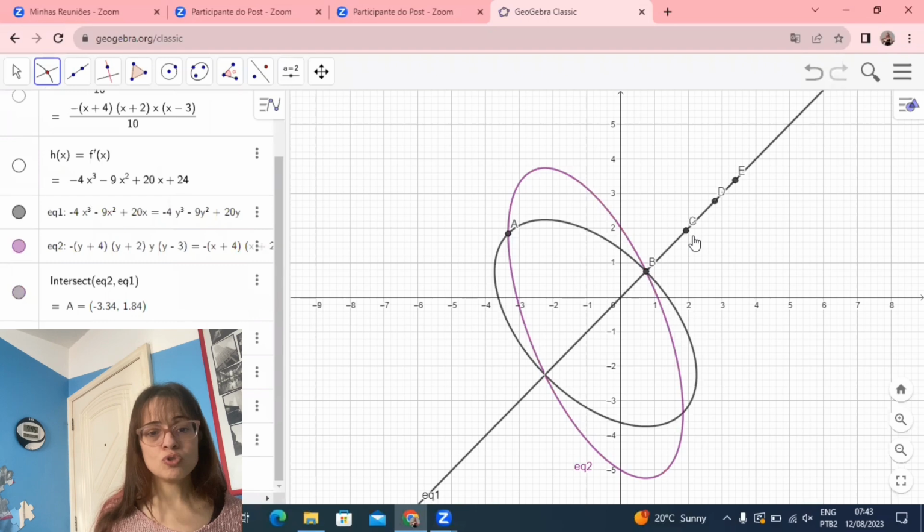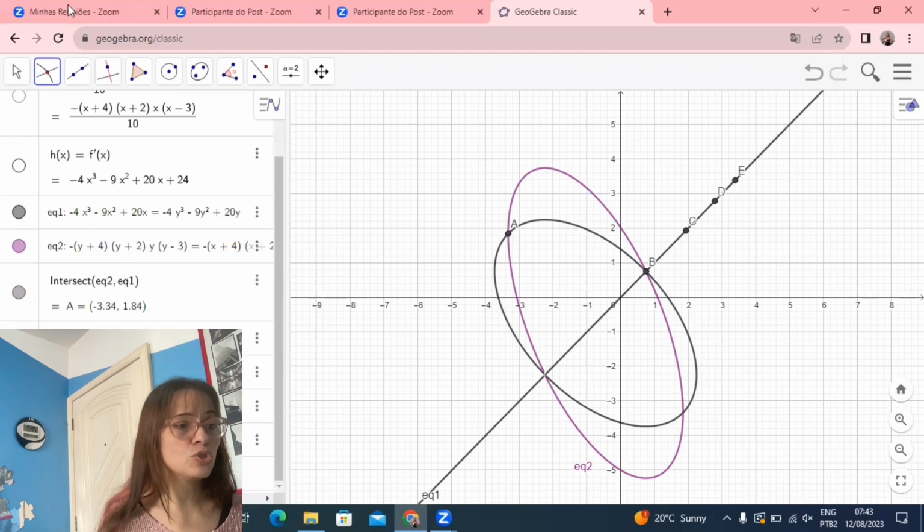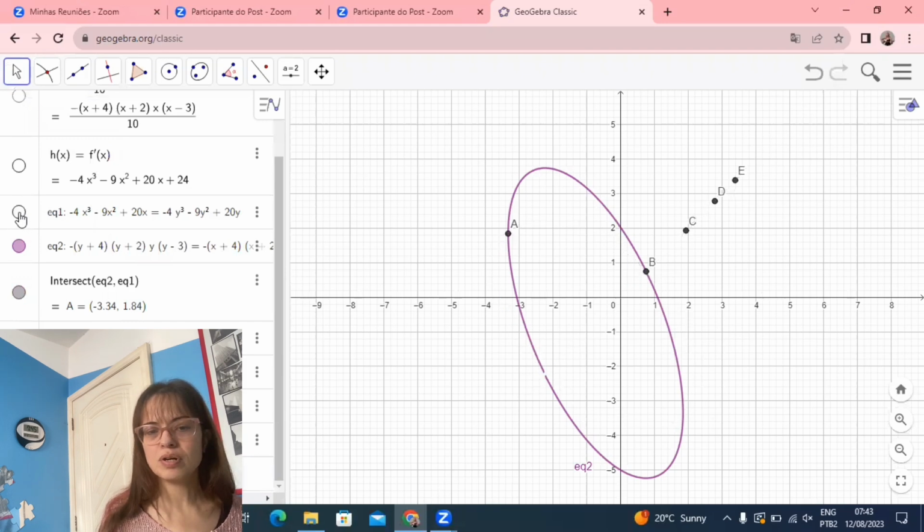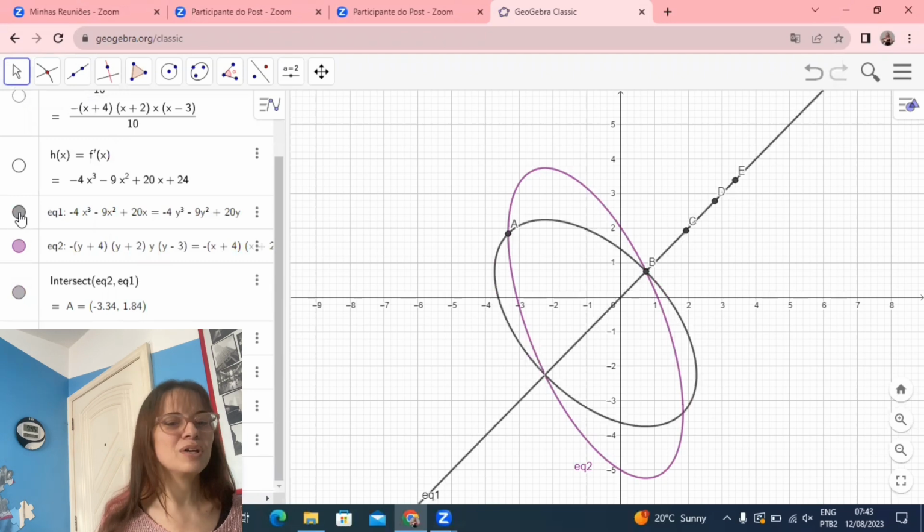It also chose to mark B, which is the point that I was saying looks interesting, but it's actually not. It also marked some points C, D, and E for reasons that I really don't understand, because even if I hide the first equation, the purple one doesn't look to be passing through there. And it also didn't mark the reflection of A on the other side as an interesting point.